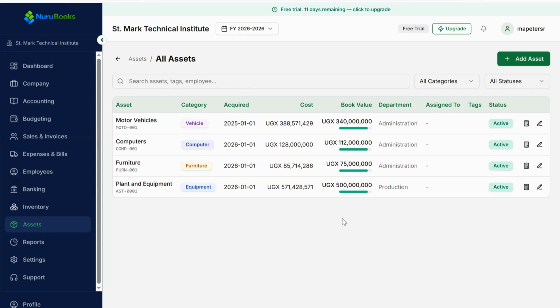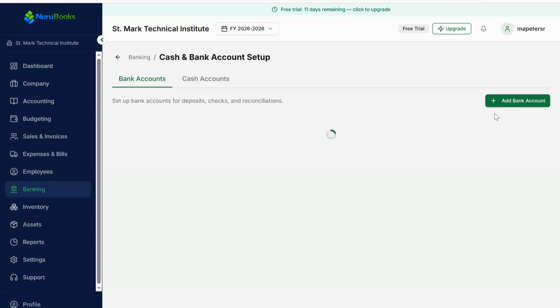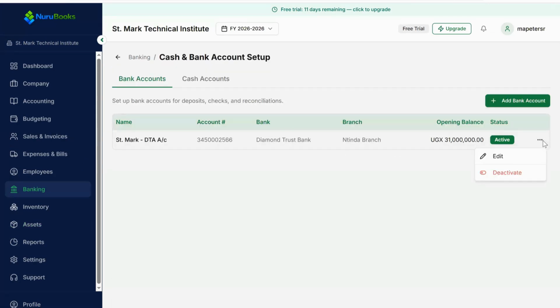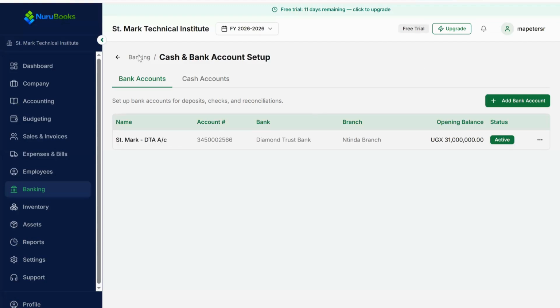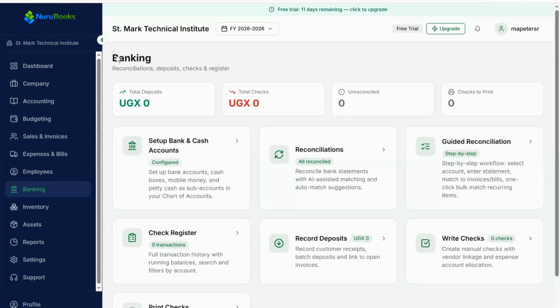Could be suppliers, could be customers, could be the bank. I think we created a bank item here, Diamond Trust Bank. If you look at what we did here, you would see that the bank actually has an opening balance. So we have already entered our opening balances.